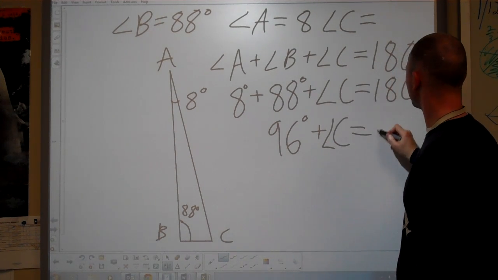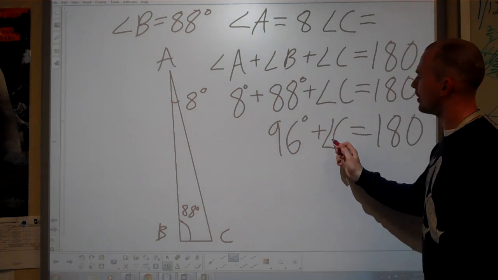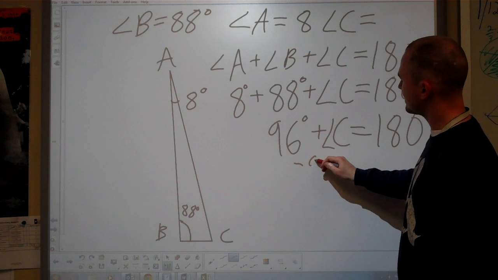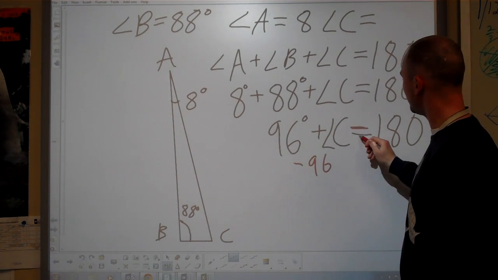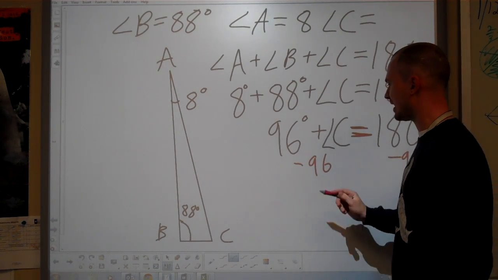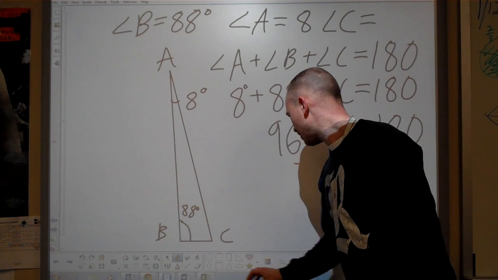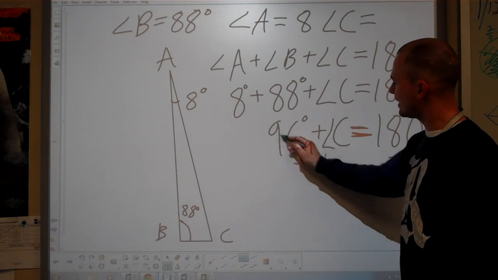So I have 96 degrees plus whatever angle C is. Angle C equals 180. Okay, so if I want to know what angle C is, I'm going to subtract 96 from this side of the equation, and whatever I do to this side, in order to keep this thing equal, I've also got to do to this side. So I'm going to subtract 96 from both sides of the equation. So on this side, anything plus 96 minus 96, they cancel out.